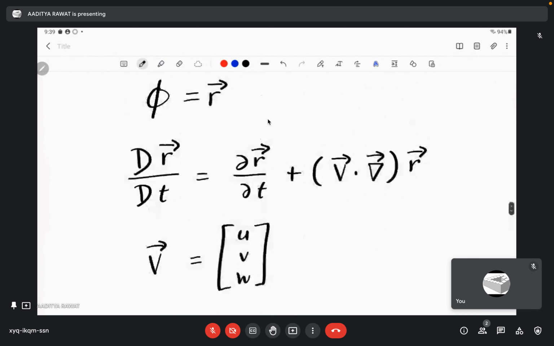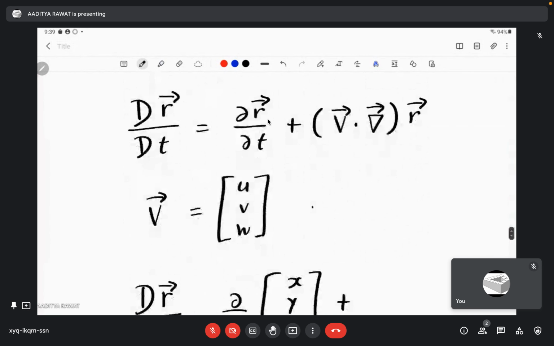We know that the gradient operator nabla is equal to del by del x, del by del y and del by del z, right?